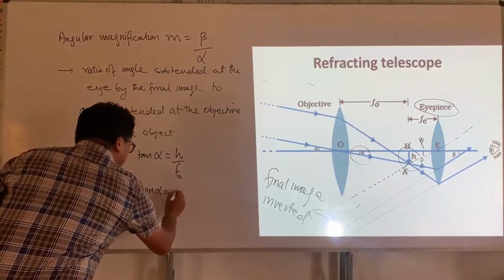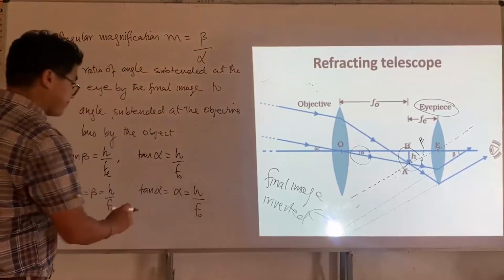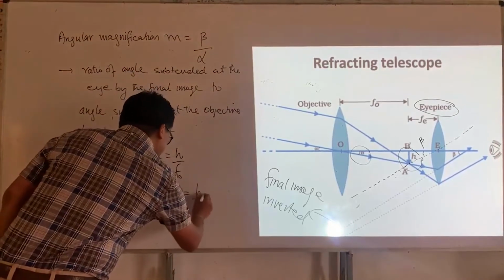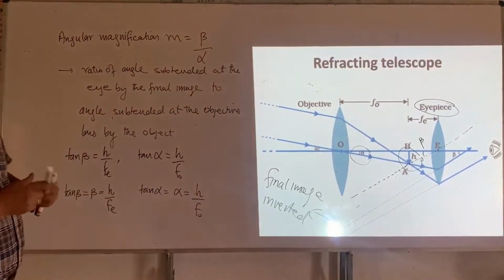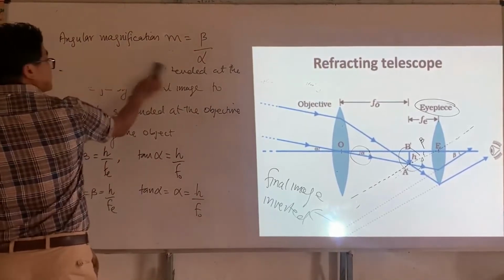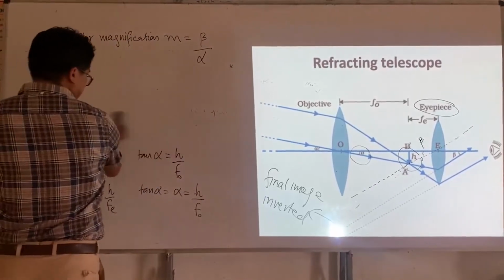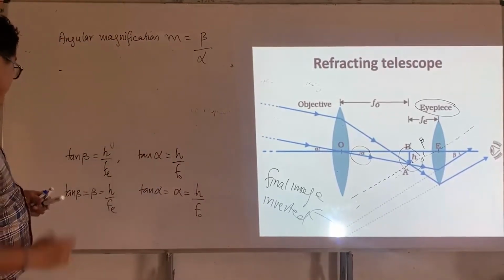Tan alpha is equal to alpha, which is equal to h divided by f naught. Alright, now what is magnification? I just divide this. I substitute this.